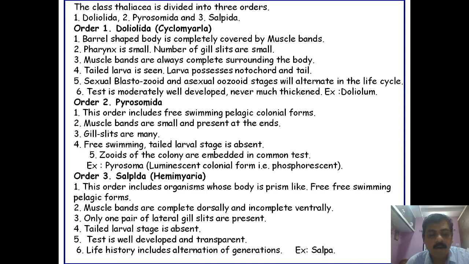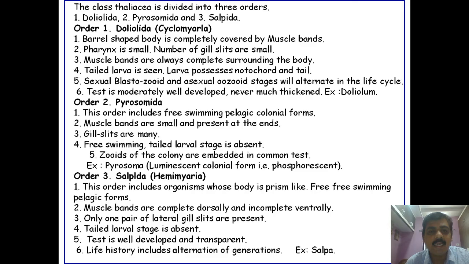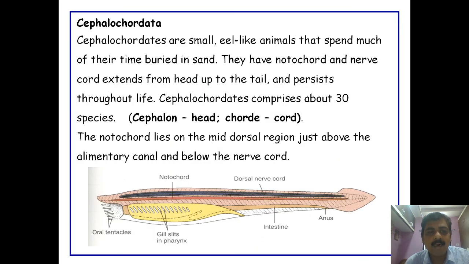Only one pair of lateral gill slits is present. The tailed larval stage is absent during development. The test or tunic is well developed and transparent, and the life history includes alternation of generations. Example is Salpa. So these are the three most important classes among the Thaliacea.